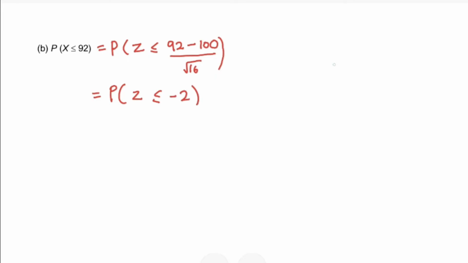Looking at the bell shape, negative 2 is here because 0 is in the middle. This side is positive z, and here is negative z. So z less than negative 2 is this area here.